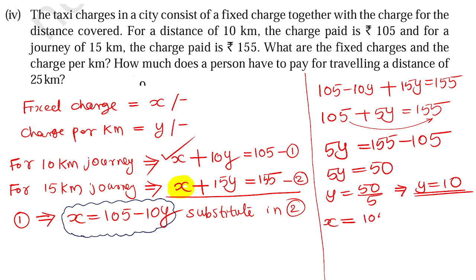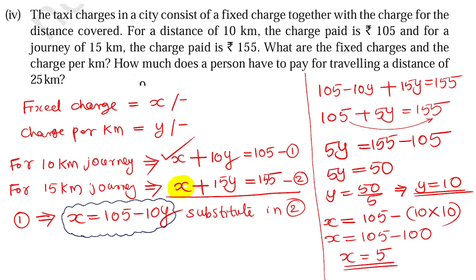X is 105 minus 10 times y. Let me write that step. 105 minus 10 times y, 10 times 10. X equal to 105 minus 100. Correct. Or x equal to 5. X equal to 5.